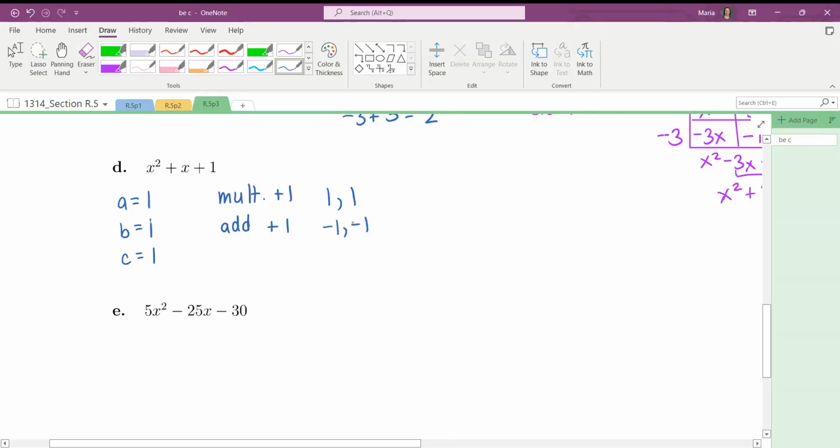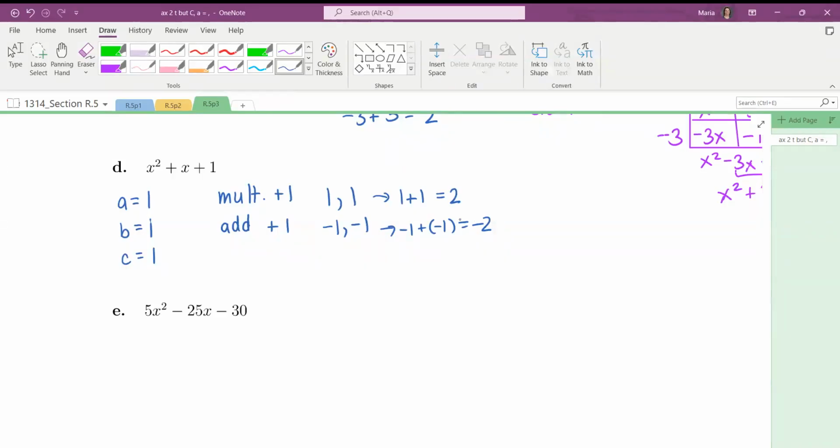If I do 1 times 1, I'm going to get 1. If I do -1 times -1, I'm going to get +1. However, with either pair, if I add them, 1 plus 1 is 2. -1 plus -1 is -2. Neither of these additions result in +1.